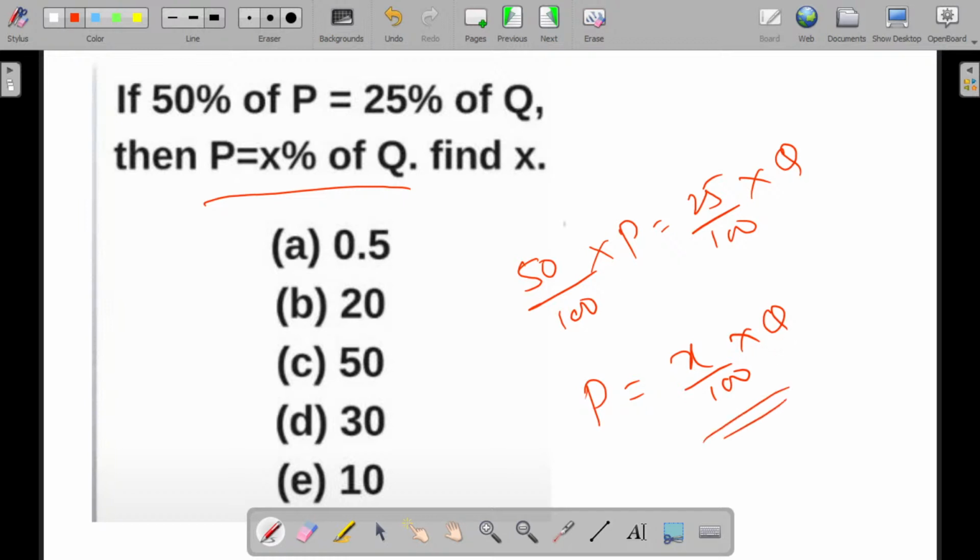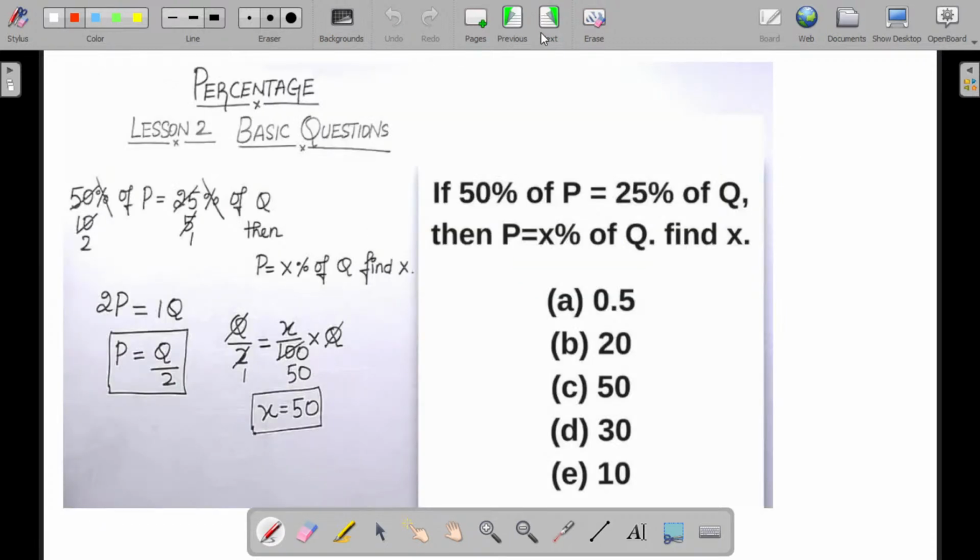Here you need to find either the value of P or Q and then find the value of X. The correct answer is 50. You can calculate directly here, just cancel the percentage.